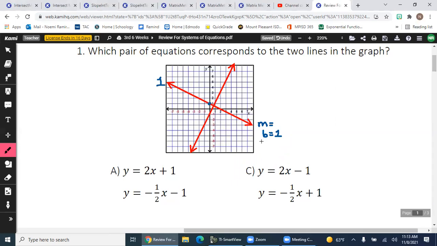And for my slope, you want to find two good points and do rise over run: down 1, negative 1, run 2. So negative 1 over 2. When you put it in slope intercept form, it gives you y equals negative 1/2 x plus 1.